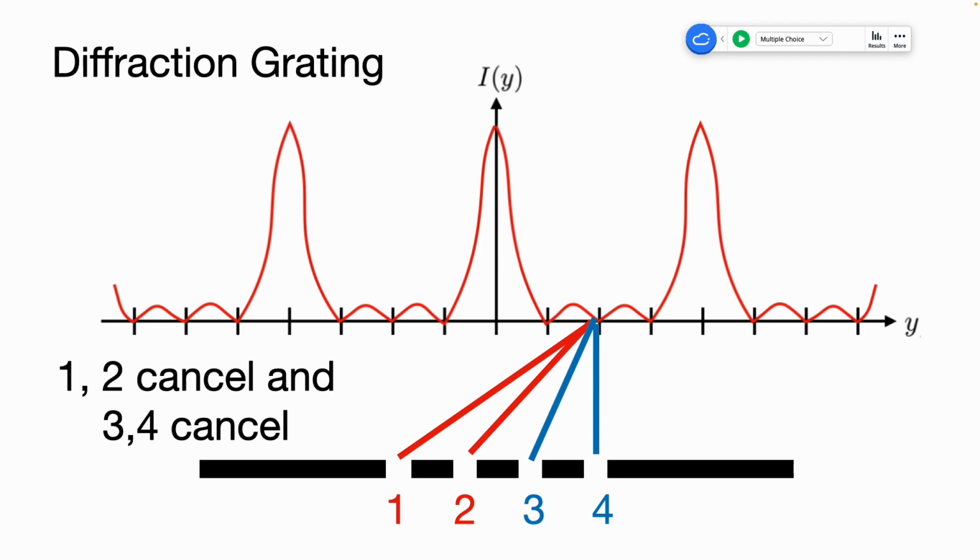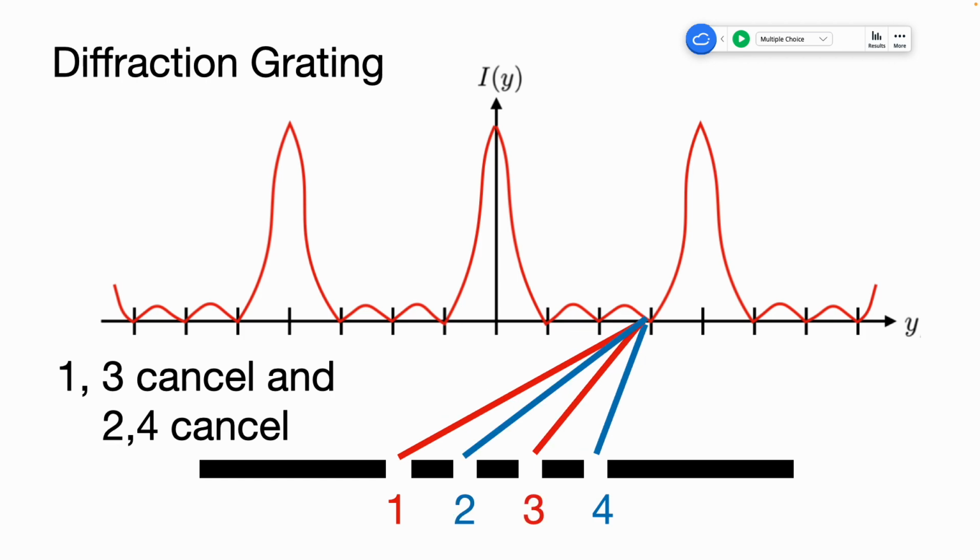So these different dark spots between the two high peaks correspond to different combinations of these slits. If you have a lot of slits, you have a lot of different ways to pair them up and cancel each other. So when you move from 0 lambda to 1 lambda of path difference, you will pass through a whole bunch of points where they pair up in different ways and cancel each other. That will suppress the energy between the two bright peaks.